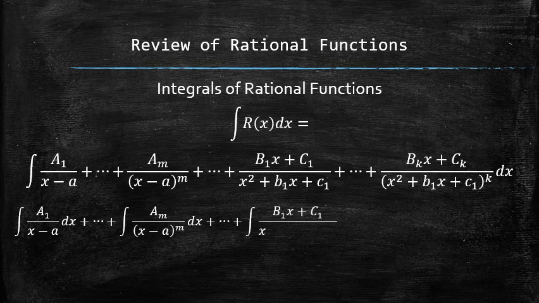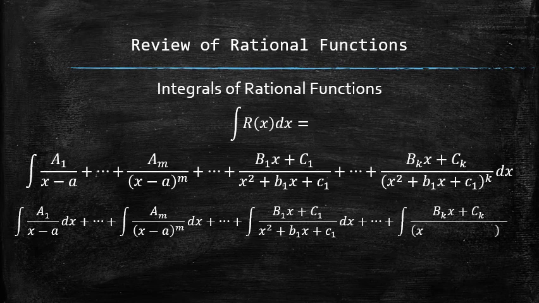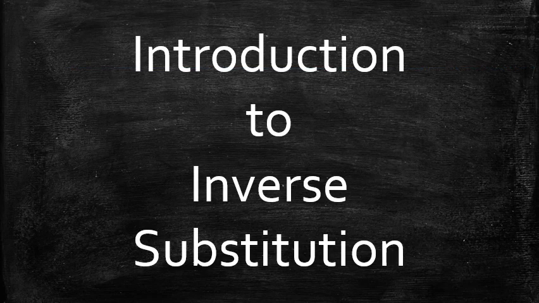So the idea is simple. As long as we know how to integrate the simple rational functions, we can integrate any rational function. Now that we have reviewed the basic vocabulary and the properties of rational functions, we are ready to learn how to integrate them as an entire class.